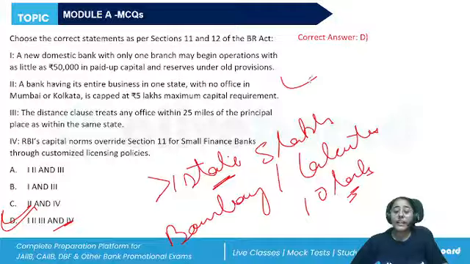Then, if it has all the places of business in one state, none of which is situated in Bombay or Calcutta, then 1 lakh rupees in respect of its principal place of business, and 10,000 in respect of each of its other places in the same area where the principal place is, and 25,000 out of that particular area, right?